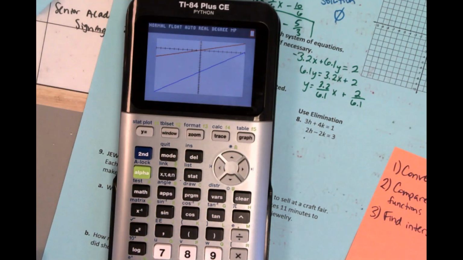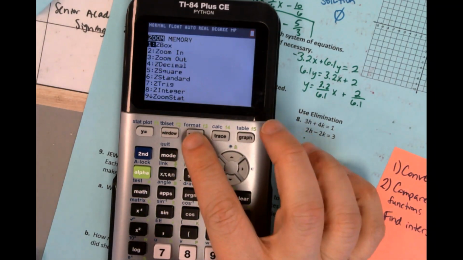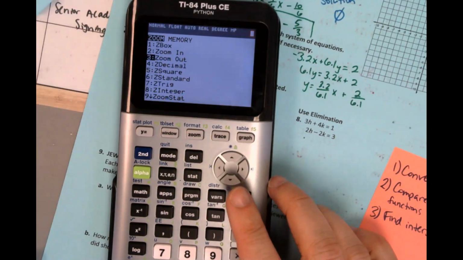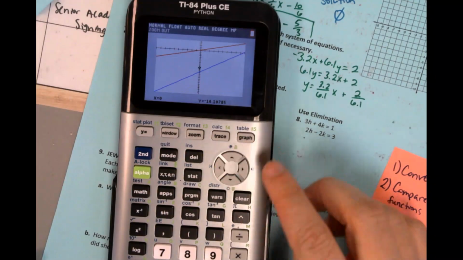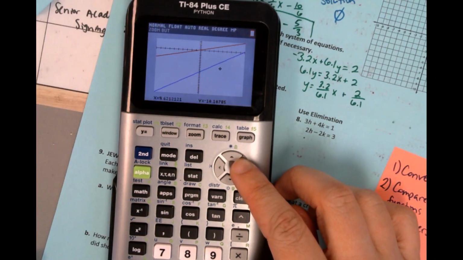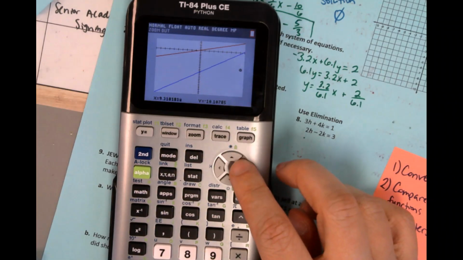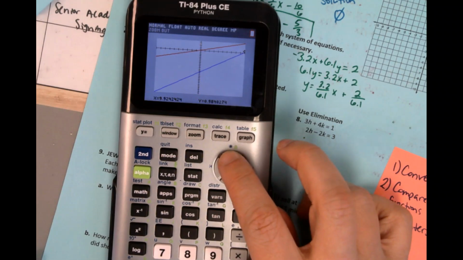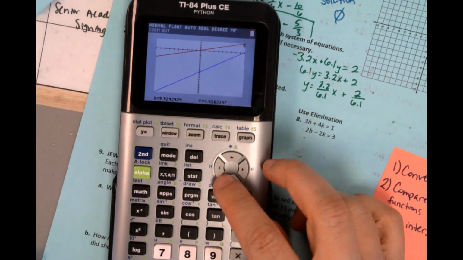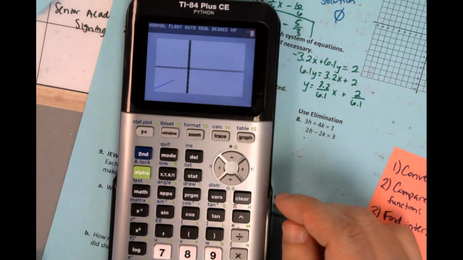But see, it's still not enough. So I'm going to go ahead and zoom out because I want a bigger view. When you do this, it tells you where do you want your center to be. You can move this. Well, I want a better view of this far area where it looks like the lines are coming together. I just don't know yet where that's going to happen.